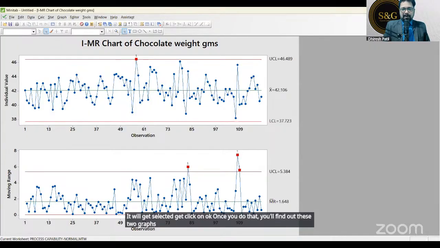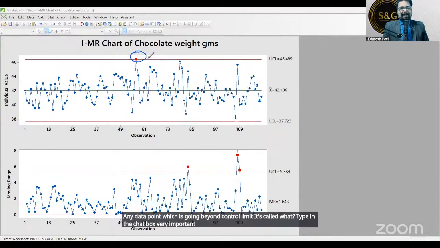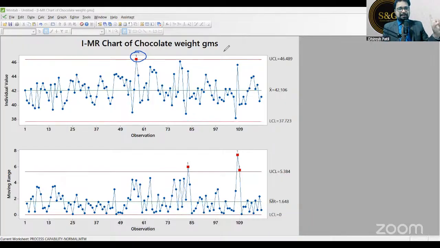Now, whenever there is any data point, as I said, any data point which is going beyond the control limit, it's called what? Type in the chat box. Very important. Any data which goes beyond control limit, it's called as special cause variation. Very good.